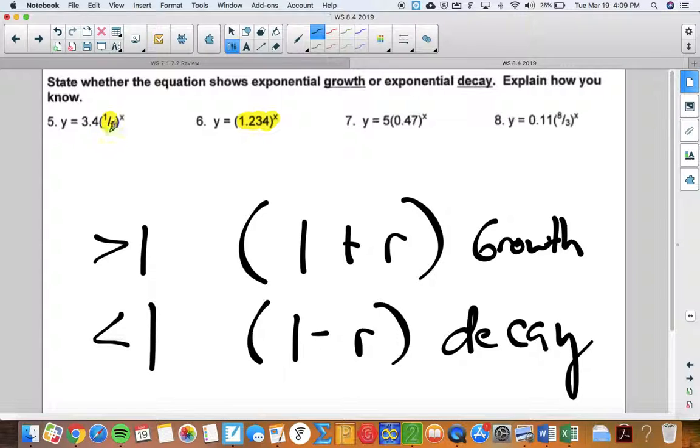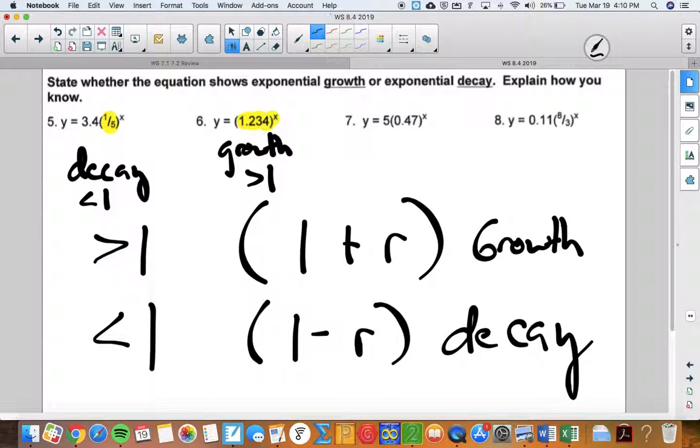So this is going to be decay, because the factor is less than 1, whereas this would be growth because the factor is greater than 1. And you can try 7 and 8. Good luck. If you take 8 divided by 3 in your calculator, you can figure out what is in the parentheses there.